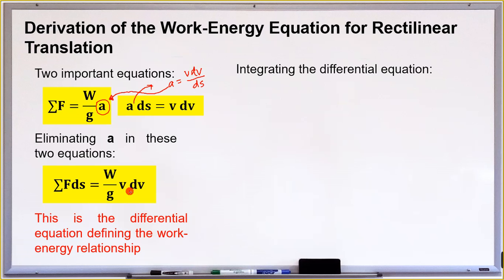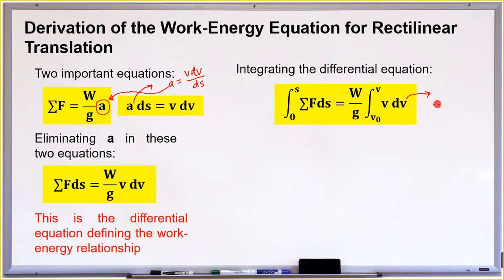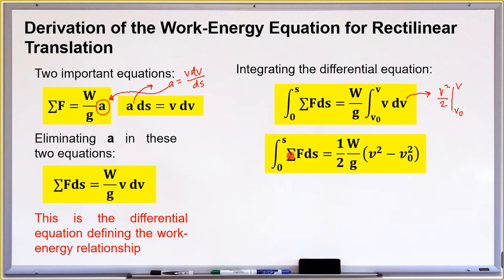So integrating the differential equation, integral from 0 to s of summation of force times ds, and then we extract Wg because this is constant, integral of v dv. We all know the equivalent integral of this one, v dv is just v squared over 2. Evaluate from initial velocity to the final. Therefore, we have this form, 1/2 Wg, final squared minus initial squared.